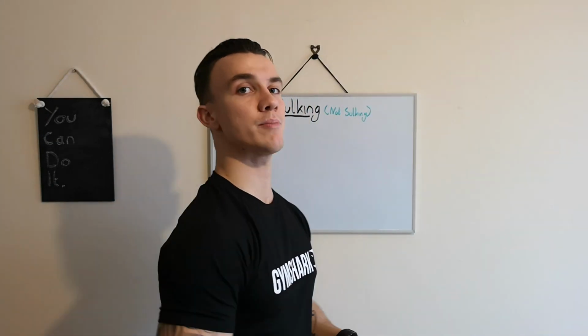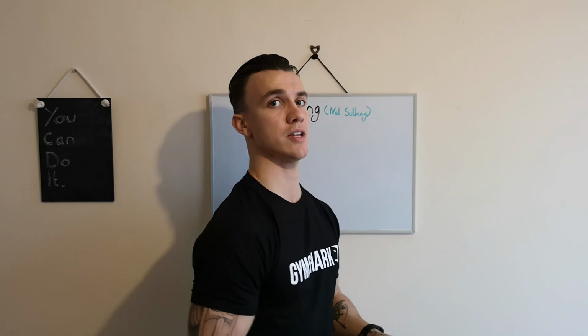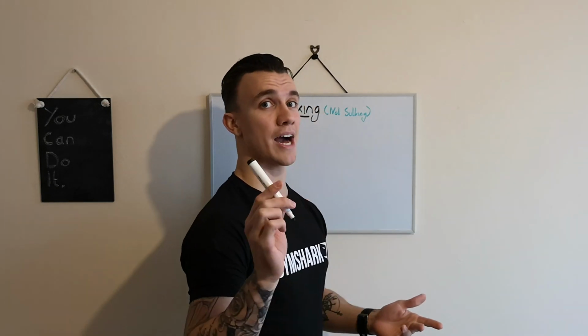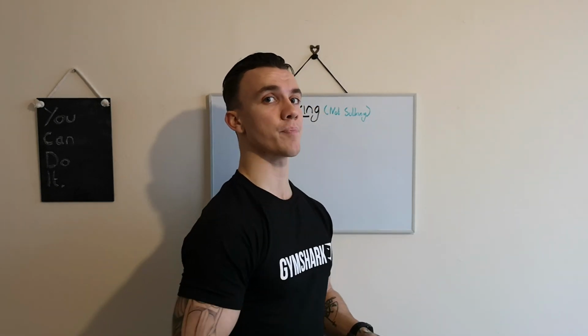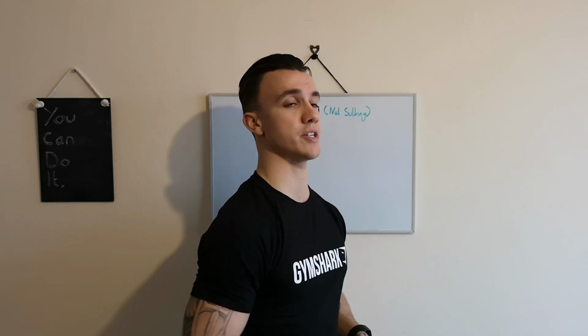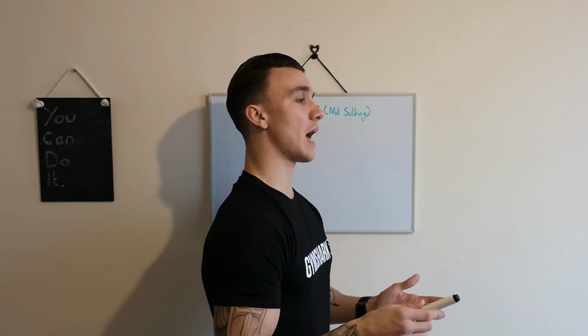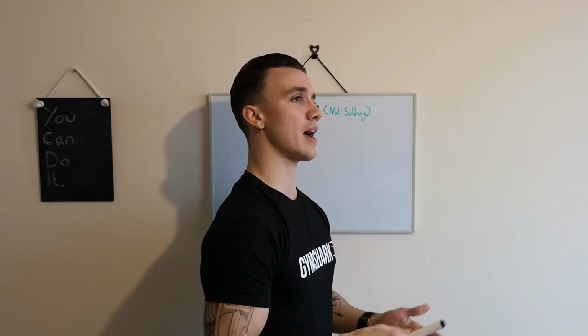First thing to do when it comes to bulking, we need to make sure we are in a calorie surplus. So we're going to get our TDEE, which is 2759 in this example, or whatever yours is that you've worked out from the beginning of the video. And we're going to put ourselves into a 20% surplus.